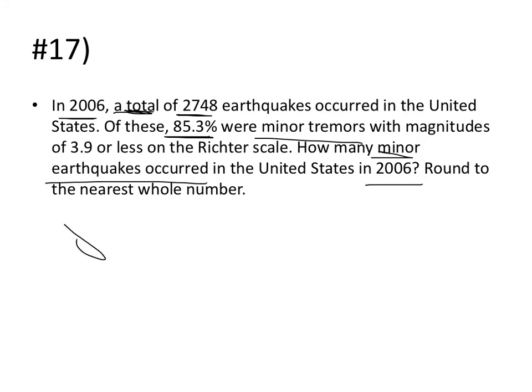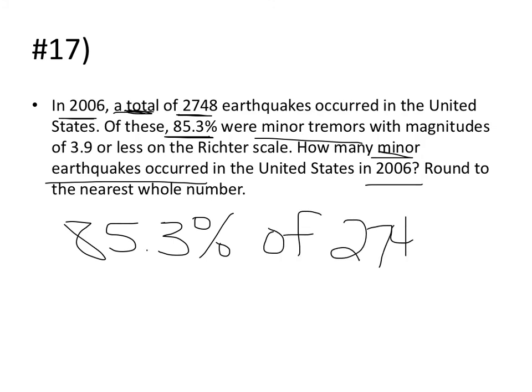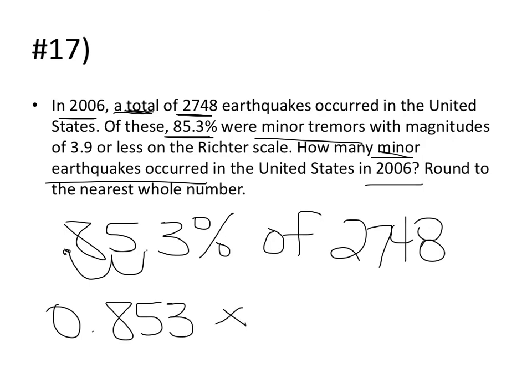Okay, so we know that 85.3% of the earthquakes in 2006 were minor. So it's 85.3% of 2,748. Well, we just said of is multiplication. So we're going to move our decimal place 2 here. So it's going to be 0.853 times 2,748.